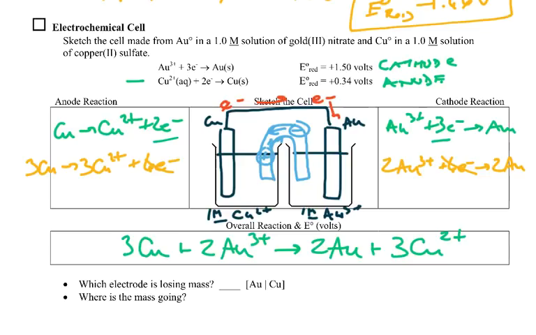Okay, so which electrode is losing mass? Which electrode is losing mass? Well, here I have my copper metal turning into copper ions. So the copper side, that's the one that's going to be losing mass. Because where's the mass going? Okay, it's going into the solution.